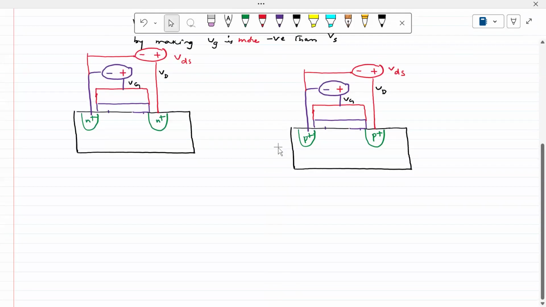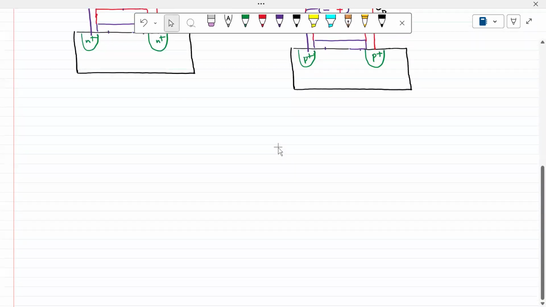Now we want to compare the difference between these two. If we take this as the NMOS transistor, this is the drain potential and this is the gate potential. I want to compare these two terminal voltages now.